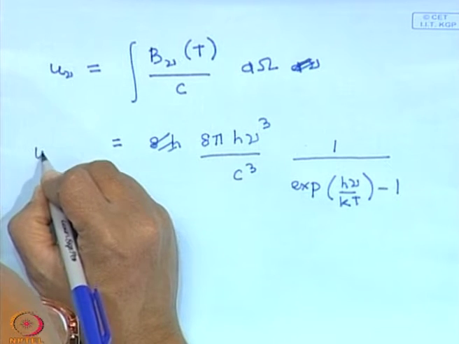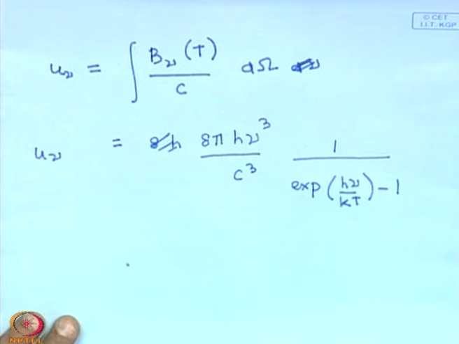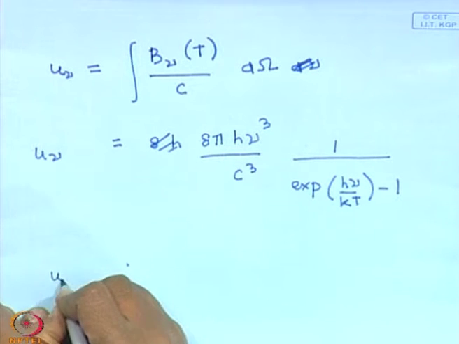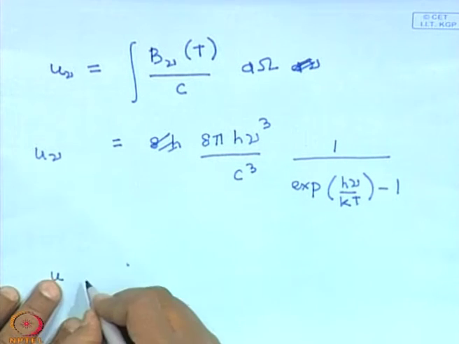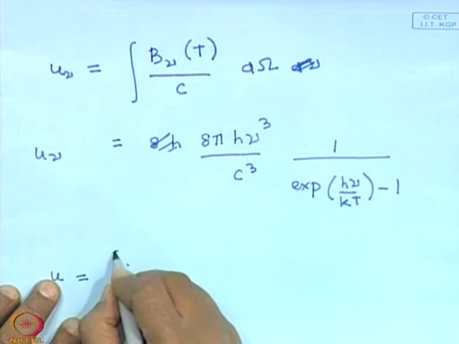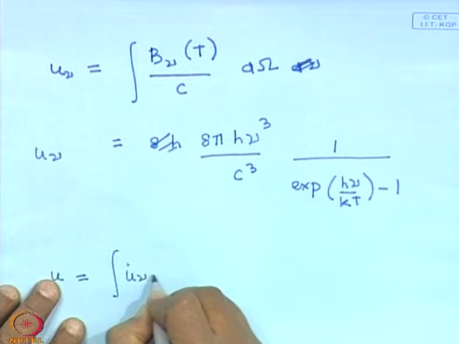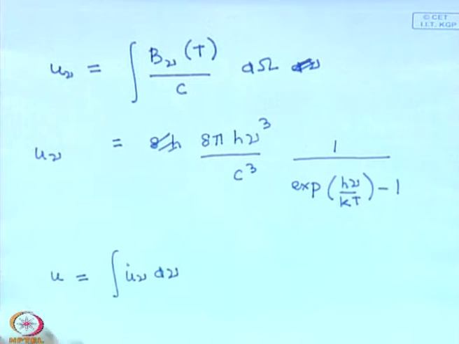So, this is the energy density at a frequency nu in the black body spectrum, and to calculate the total energy density, I have to integrate this over all frequencies. To do that, it is convenient to introduce a new variable, let us call that variable x.